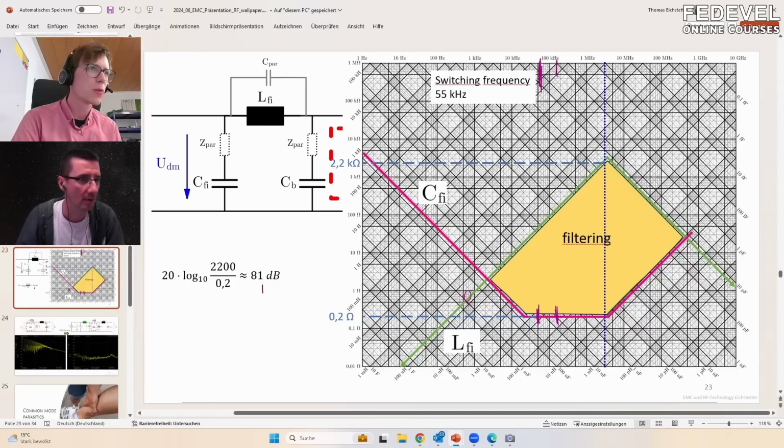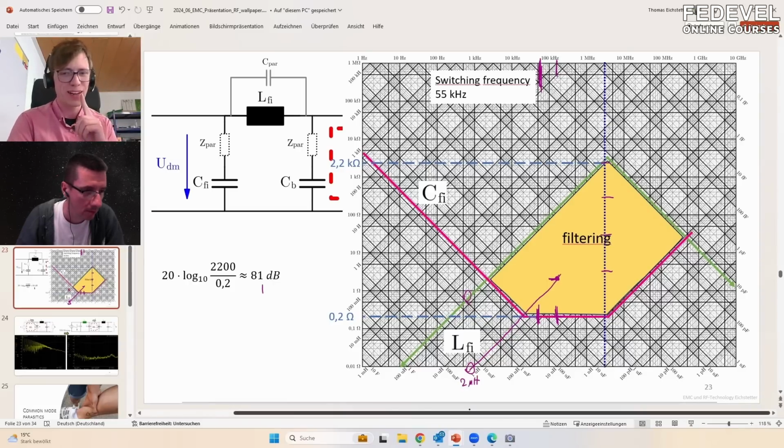This is 1 decade, 2, 3, 4. And so here we actually only need 1 decade, which is then here at this point. And this means you can from here on go down and see a 2 microhenry would be also okay. But there is one thing which you have to take into account.